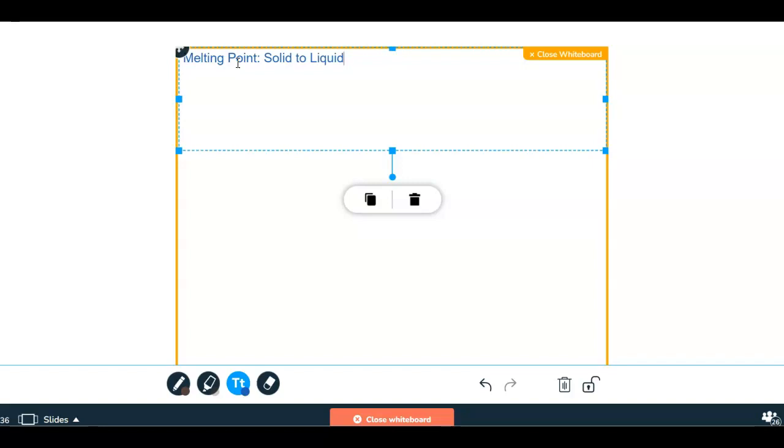It's not warm enough in my room. It will never be warm enough in Mr. Bullen's room to turn a rock into a puddle for certain. We wouldn't be shocked if the ice didn't melt in my room, right? I keep it pretty cool in here. Not today, it's warm, but typically. But yeah, when we're looking at this, melting point's pretty easy. Solid to liquid. That's it.